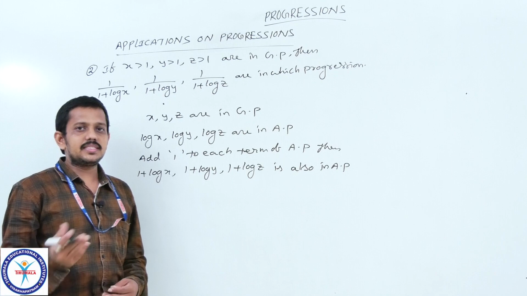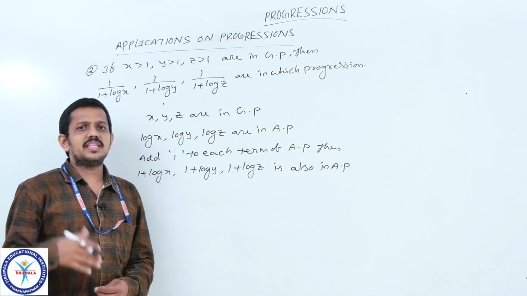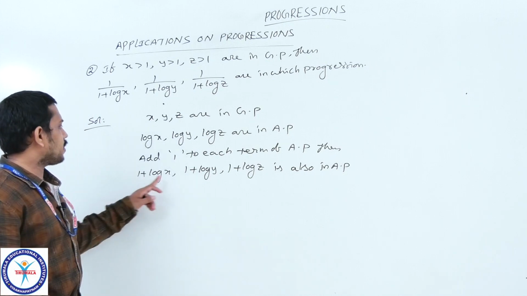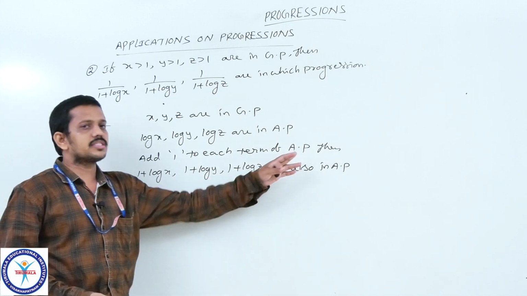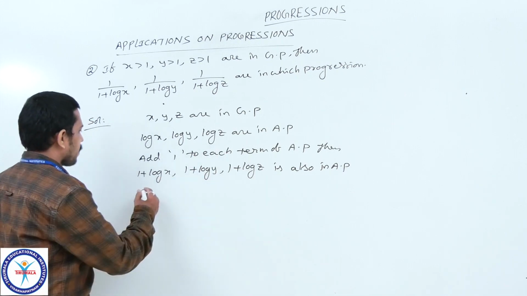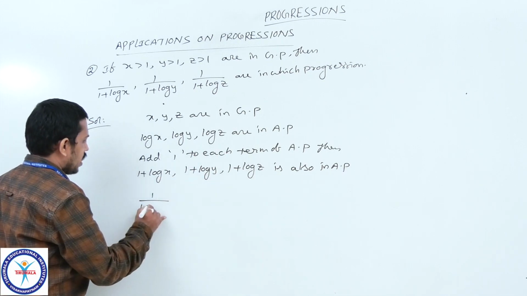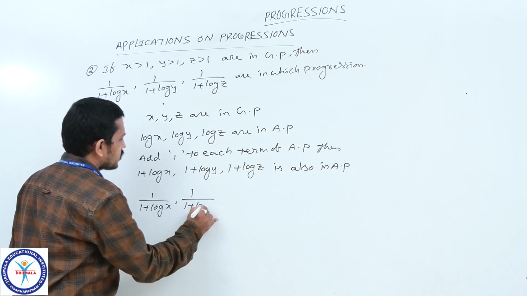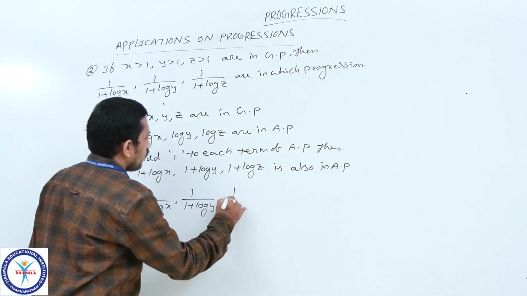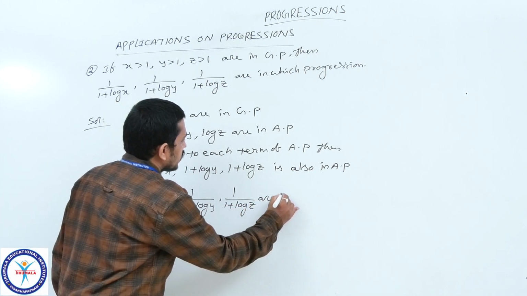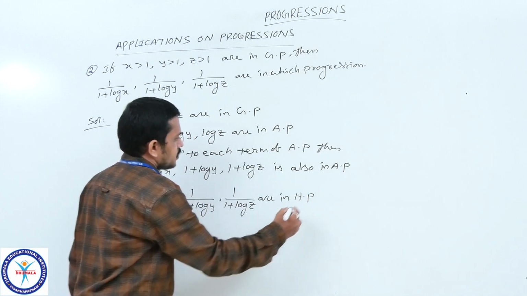This is also in arithmetic progression. If A, B, C are in AP, then their reciprocals are in harmonic progression. So here 1 plus log x, 1 plus log y, 1 plus log z are in arithmetic progression. Therefore, their reciprocals 1 by 1 plus log x, 1 by 1 plus log y, 1 by 1 plus log z are in harmonic progression.